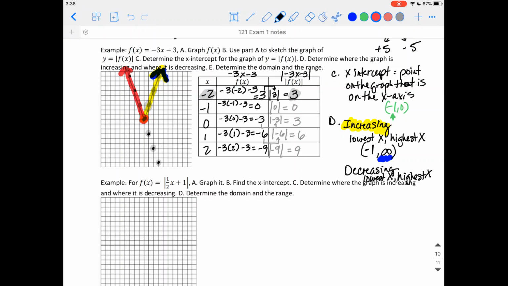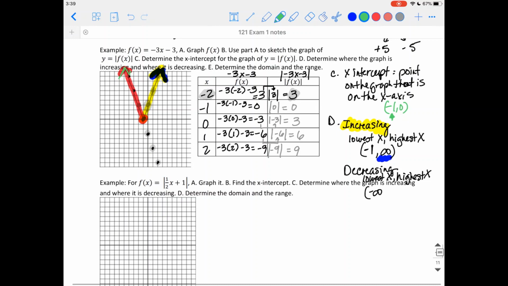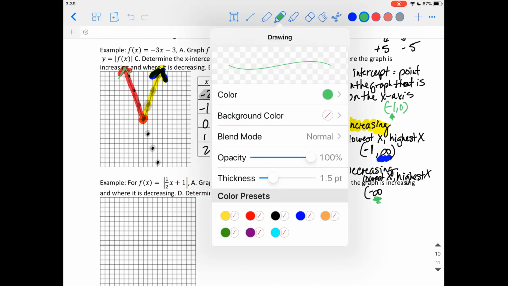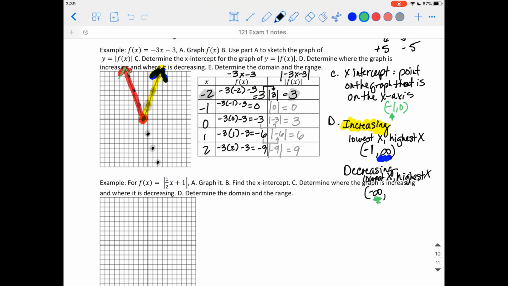My lowest x goes forever to the left, so it's going to be negative infinity, because of this arrow right here going forever to the left. And then my highest x is going to be negative 1, always with a parenthesis. The reason it's negative 1 is because of that point right there.